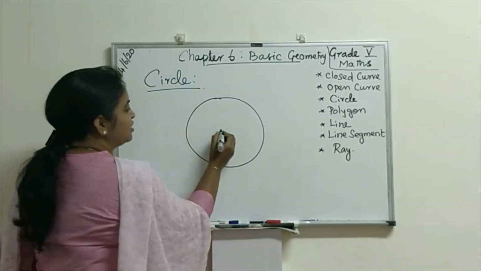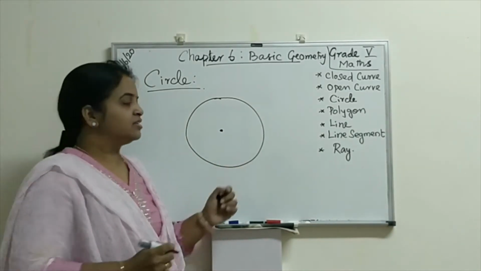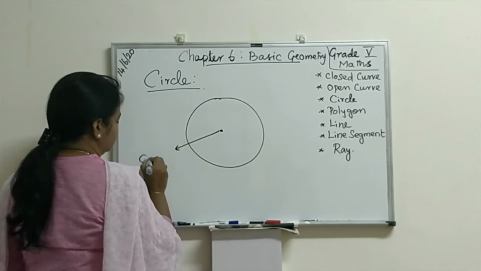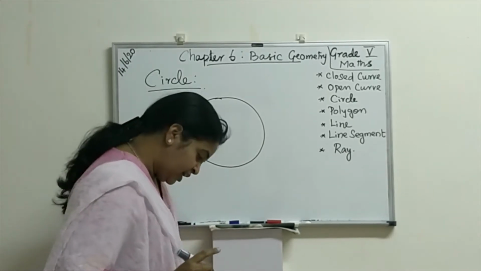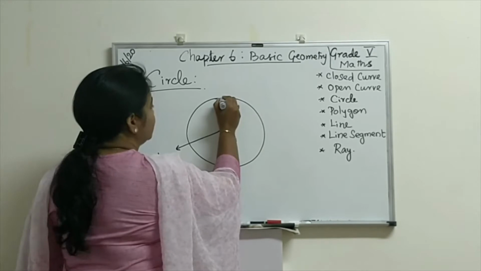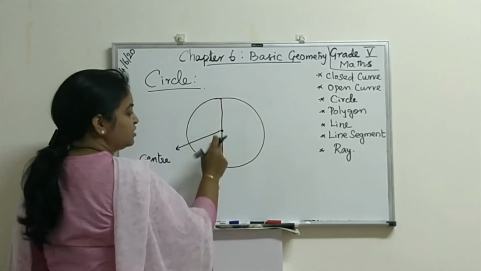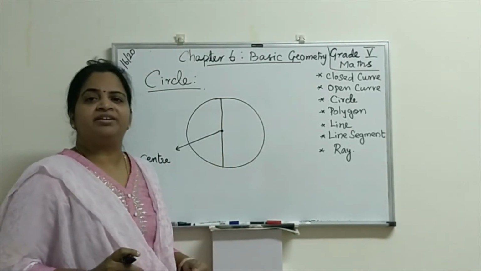Okay, circle, this is called the center. Then the line joining the center and touching both the ends is called diameter.